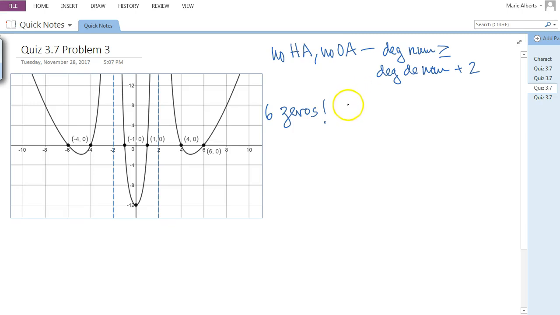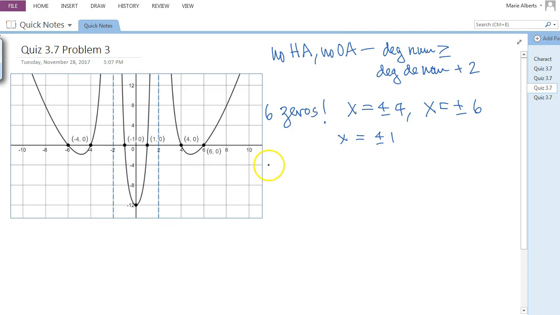I'm going to have zeros at x is plus or minus 4, x at plus or minus 6, and x at plus or minus 1. We can thank Microsoft for all the smudges here with the pen. I'm real sorry about that.